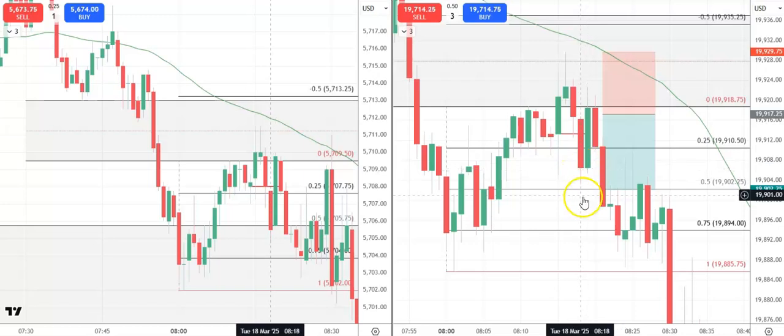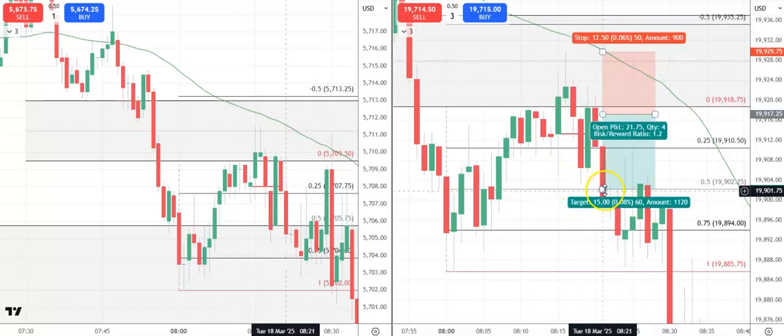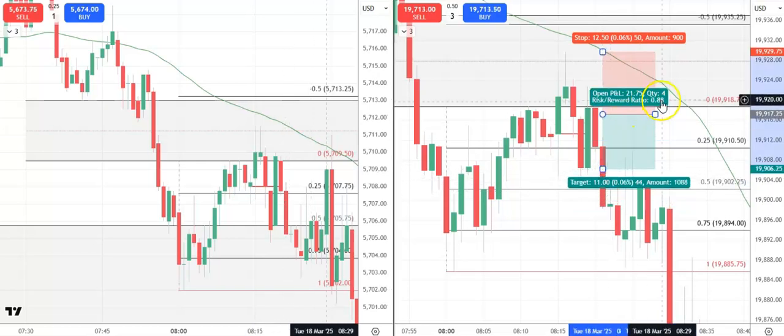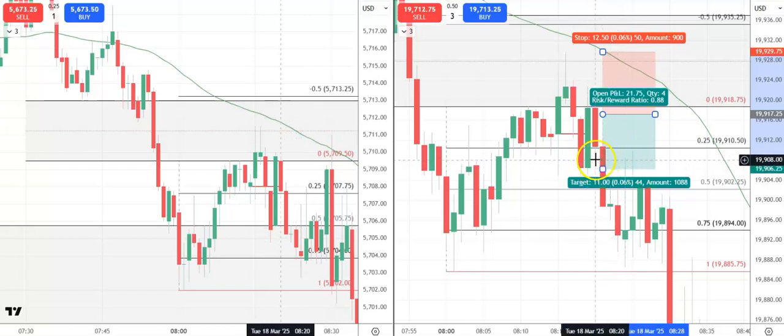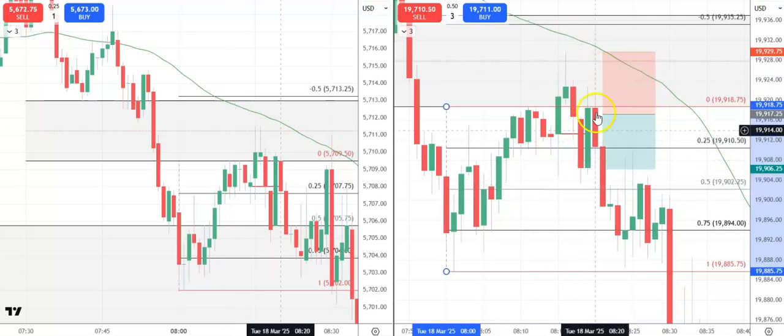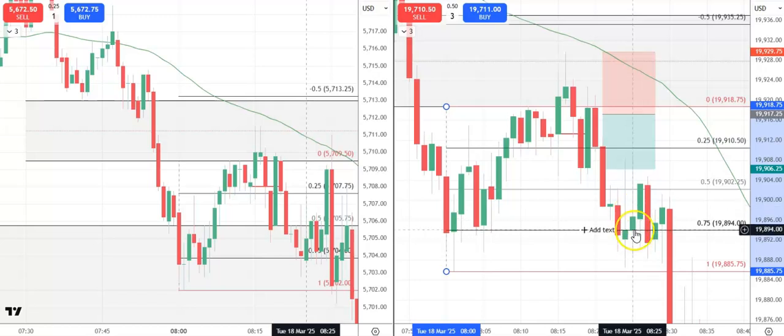In profit, I didn't hit target, but what did I end up with here? 0.88. Not terrible, not what I wanted, but not terrible. You could see here, if I would have held on to it and left my stop up here, it would have finally come down and given me it and some more.